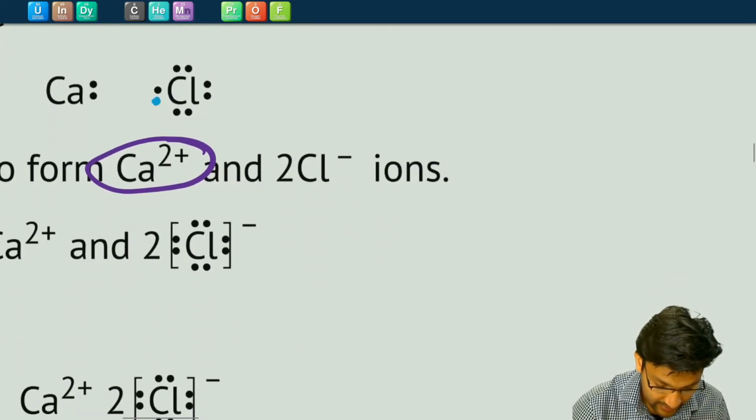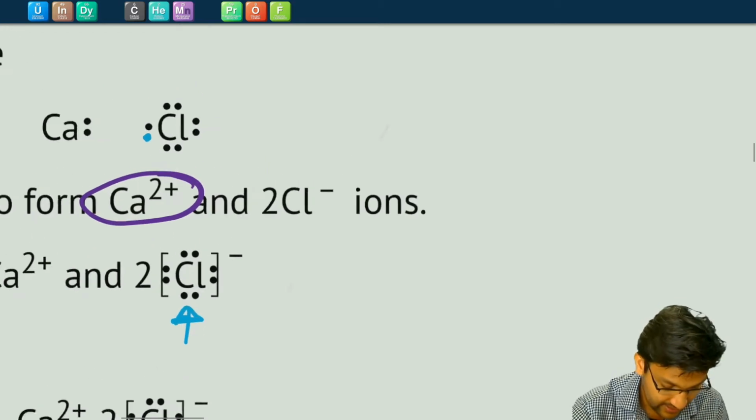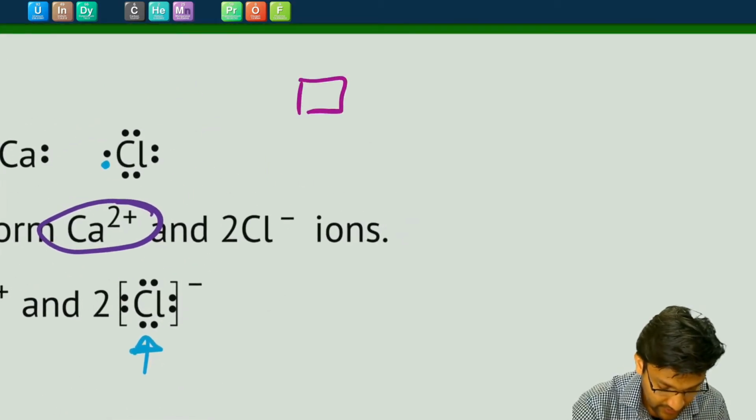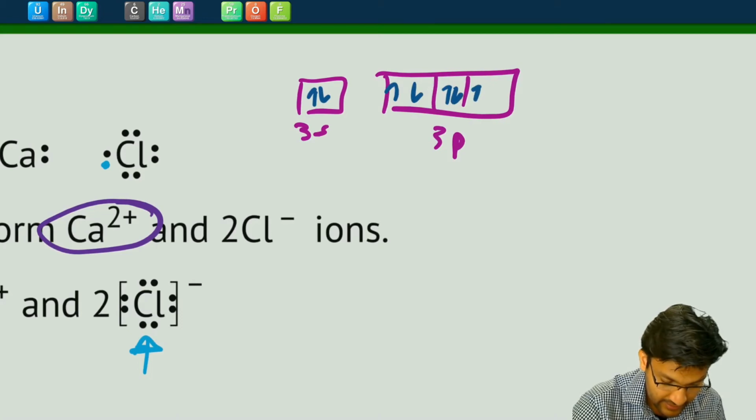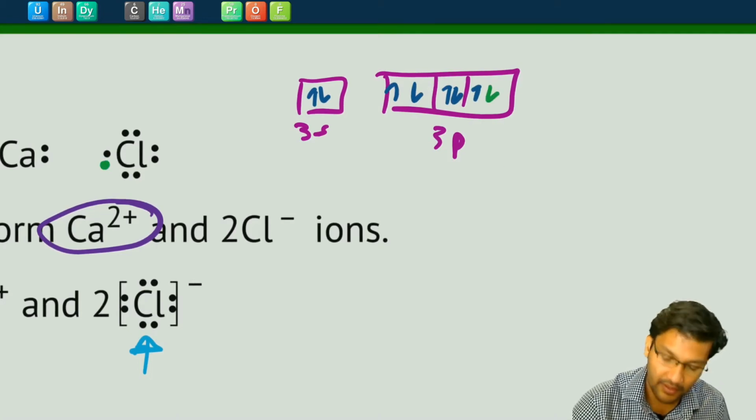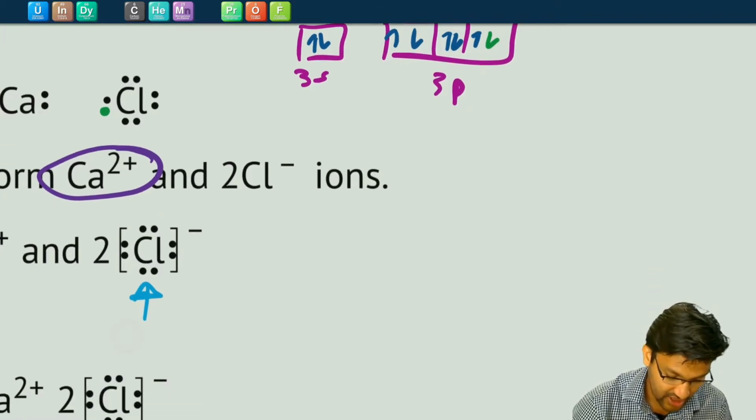So now it's going to look like this with 4 pairs of electrons. Again, if I were to draw this, we'll have the 3s and the 3p, right? Chlorine started out like this, and then it's going to add 1 more electron to completely fill its orbitals, and that's why it gets a -1 charge.